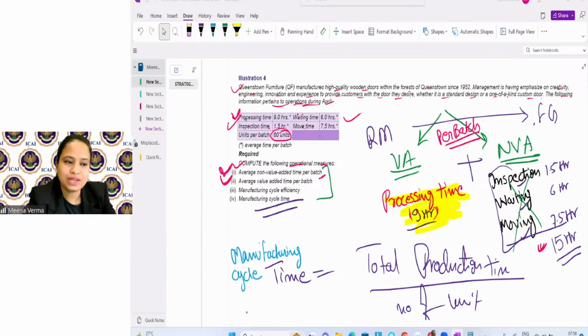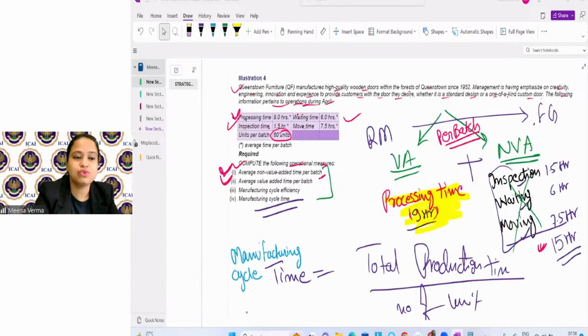So why are you taking time to set up the machine? Why is the machine not ready to use? It's a part of the process, right? It is a part of production. Why are you inspecting the goods? Why are you not producing the quality product right the first time? Why is there unnecessary motion of the material inside the organization? People are moving inside the organization for the production. Why don't you place them together?